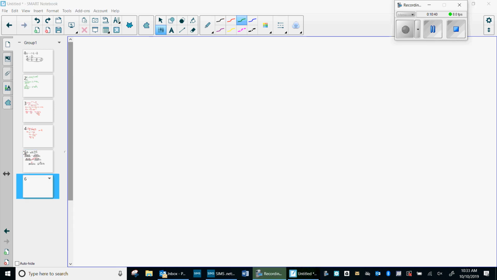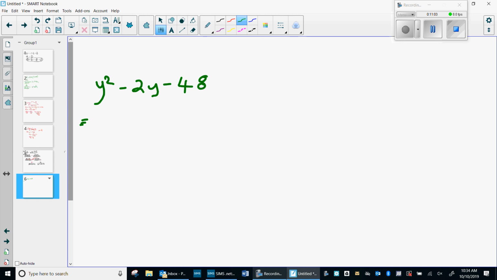Next, 7a. Y squared minus 2y minus 40. So when you see this, it's squared. What's the question asking you to do with this expression?